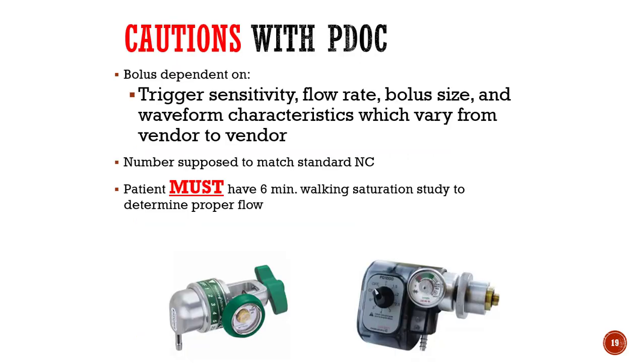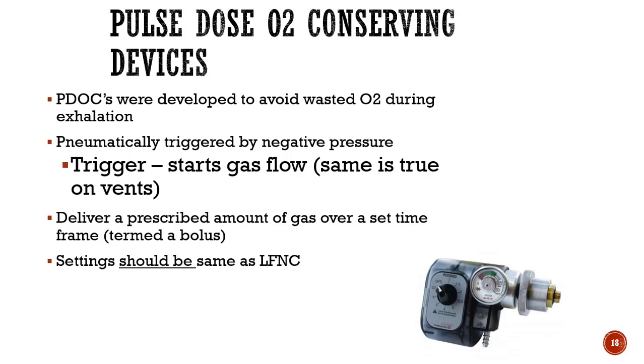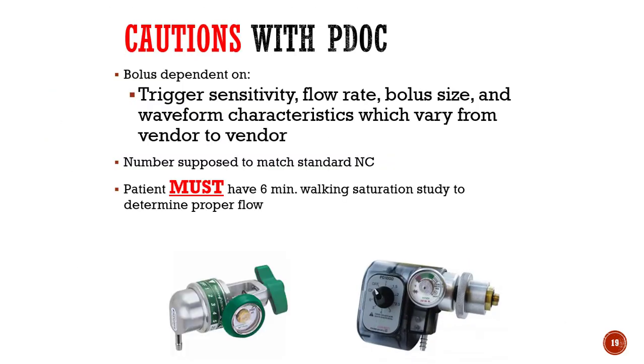Some of the cautions with that is it is trigger sensitive, so you can have malfunction where it stops triggering appropriately on inhalation. The flow rate and bolus size and all these different things can vary from vendor to vendor. The way that we circumvent that is, if somebody is interested in a pulse dose conserving device, we make them do a 6-minute walking saturation study.